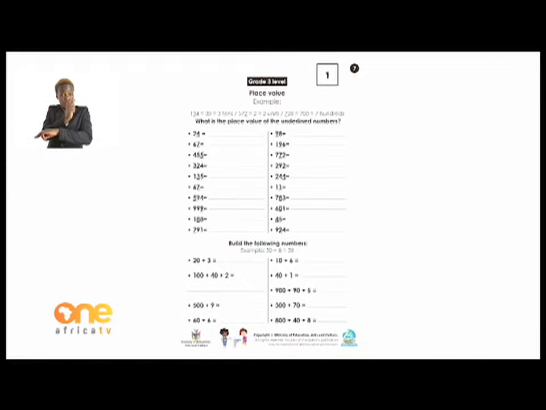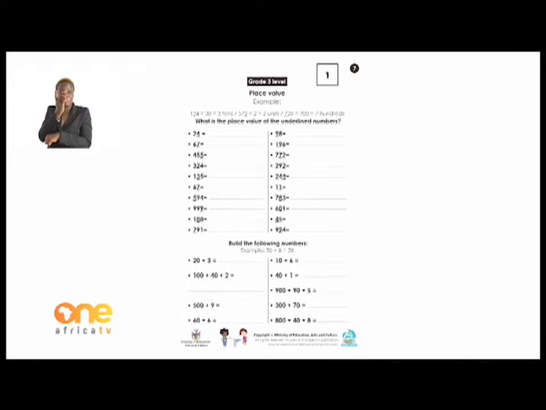Let's quickly look at the one next to it, 98. Again here, we only have 2 digits, 9 and 8. The 9 is underlined, so it wants to know the place. At what place is that 9? It's at the tens place, so we write tens. All right, let's go down to 67.